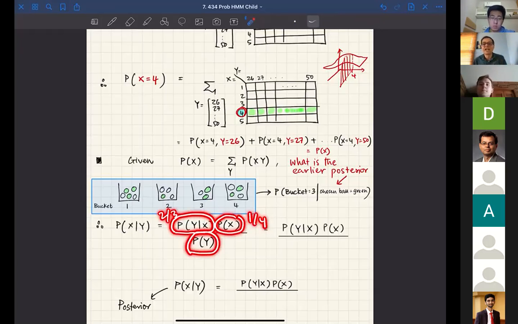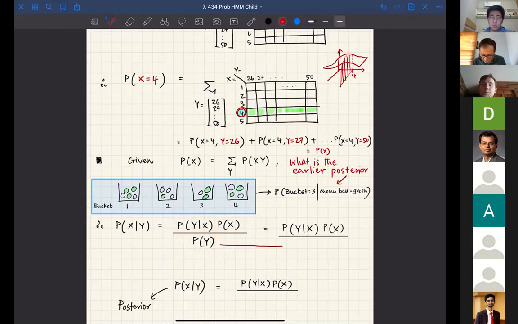But now we want to marginalize PY. So what can we write PY as in this denominator? Sigma of P YX over all X. Does that make sense?